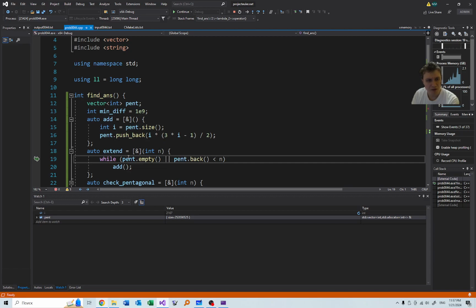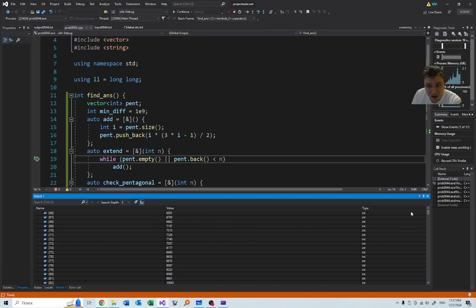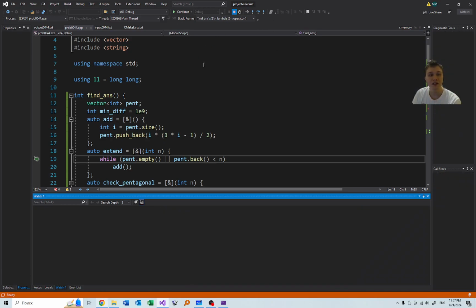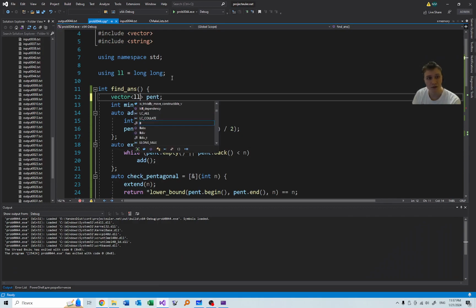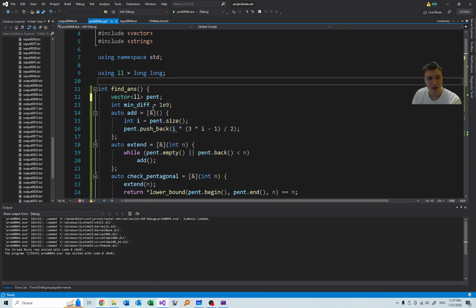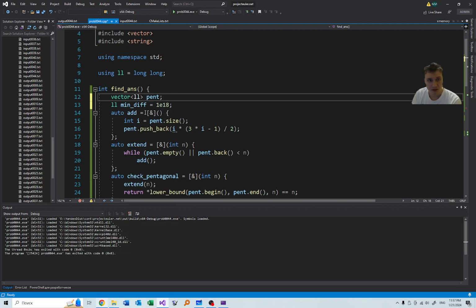I think we have an overflow finally. Okay, let's avoid overflow. To avoid overflow, we would like to use long longs everywhere.